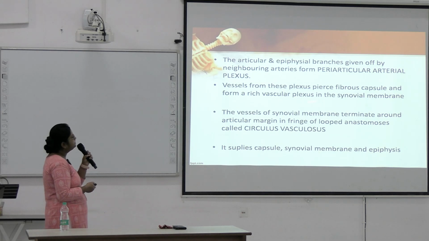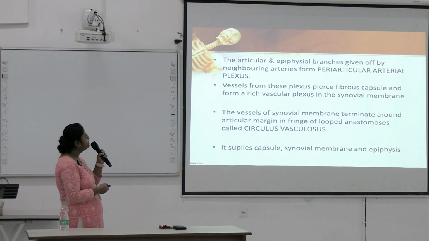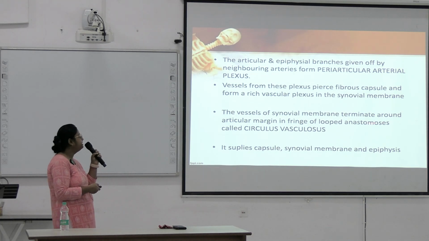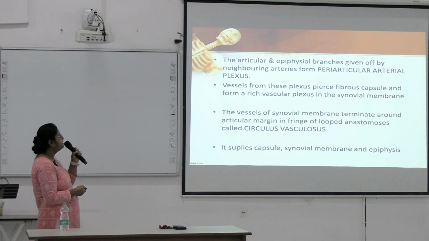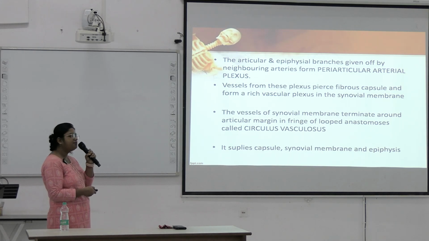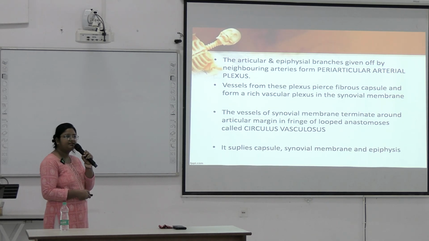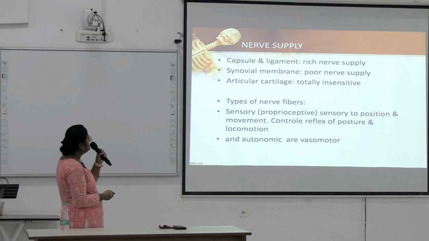So vessels from this plexus pierce the fibrous capsule and form a rich vascular plexus in the synovial membrane. The vessels of synovial membrane terminate around the articular margin in a fringe of looped anastomosis called circulus vasculosus, and it supplies the capsule, synovial membrane and the epiphysis. So this is the blood supply.